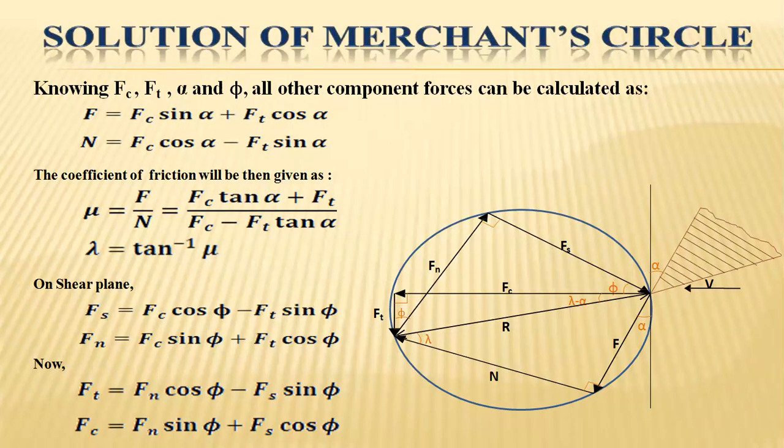sin by cos tan alpha, and hence lambda is the tan inverse of this coefficient of friction. Hence lambda is considered as the thrust angle that is maintained.